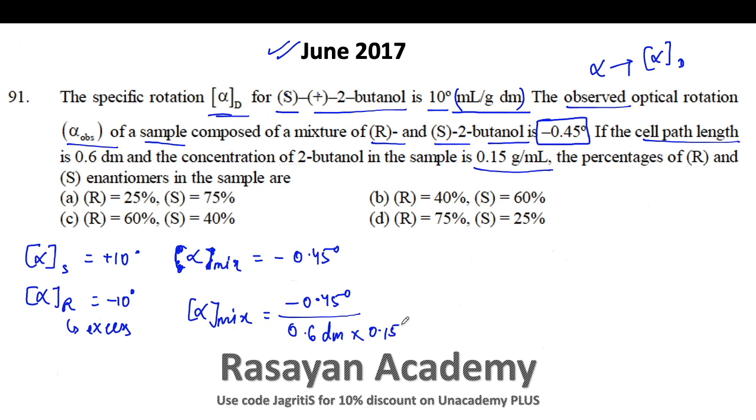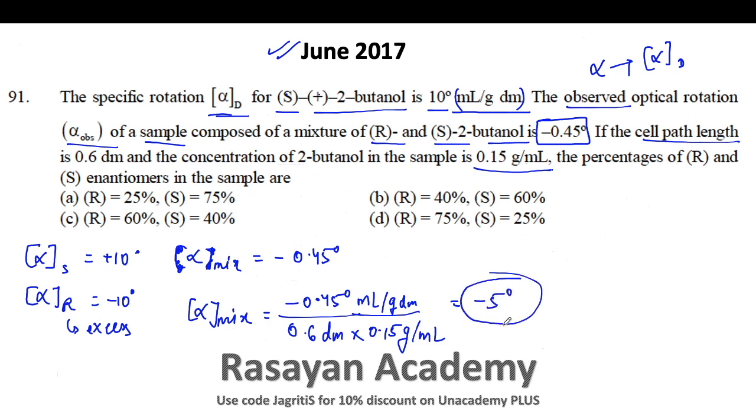You don't have to convert. Gram per ml. Alright, and this was your milliliter upon gram decimeter. Now, this is all going to cancel out, and the value that you get is, alright, this is going to be minus 5 degrees.